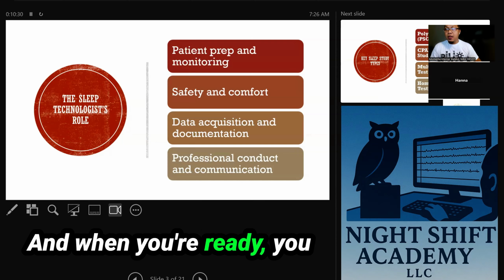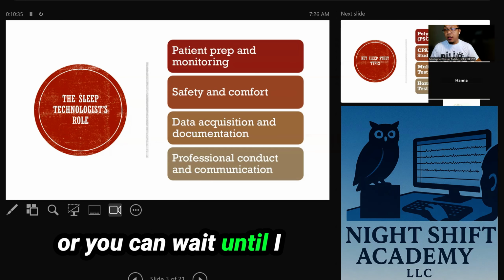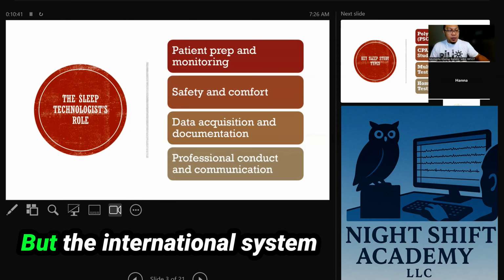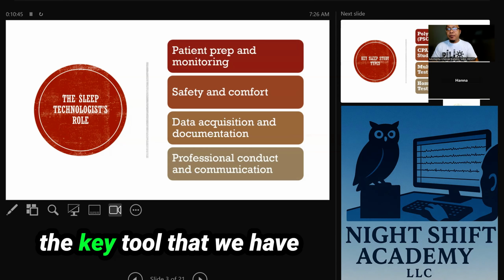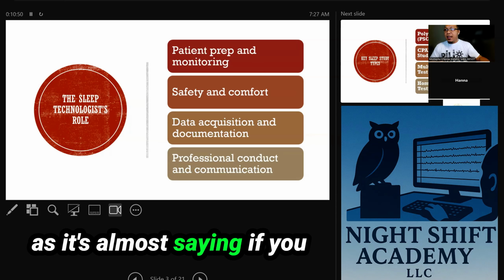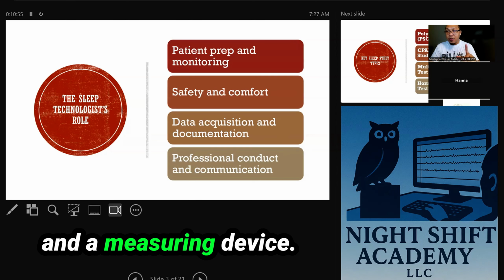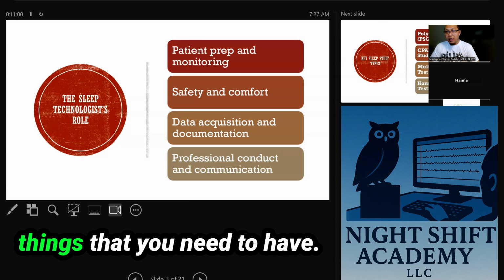And when you're ready, you can view that recording, or you can wait until I conduct the actual class. But the International System of Measurement is one of the key tools that we have. It's almost like saying, if you are a carpenter, you always should have a hammer and a measuring device. Otherwise, you're missing one of the most important things that you need to have.